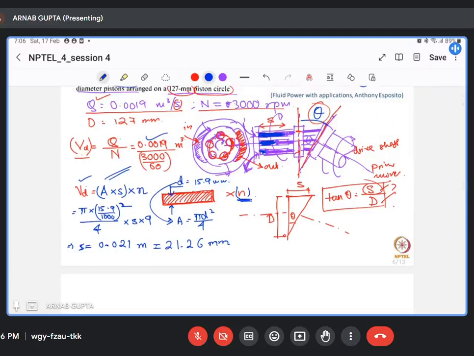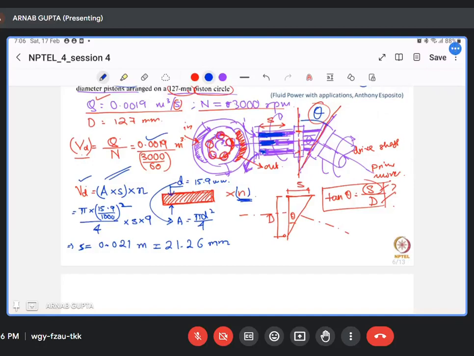Just checking it once again. I multiplied with 15.9 by 1000 squared divided by 4. Wait, I think I made a mistake here.